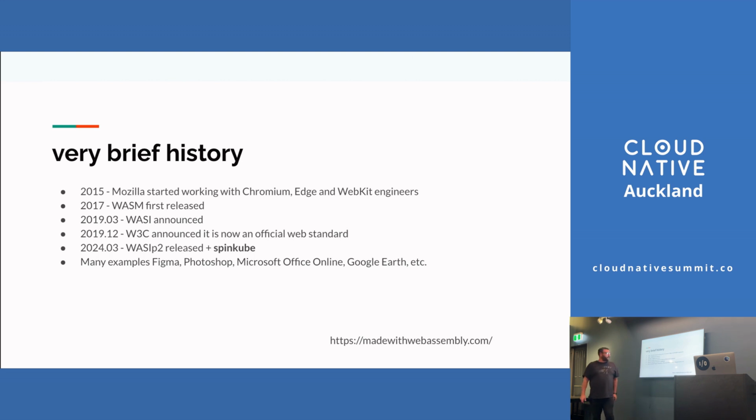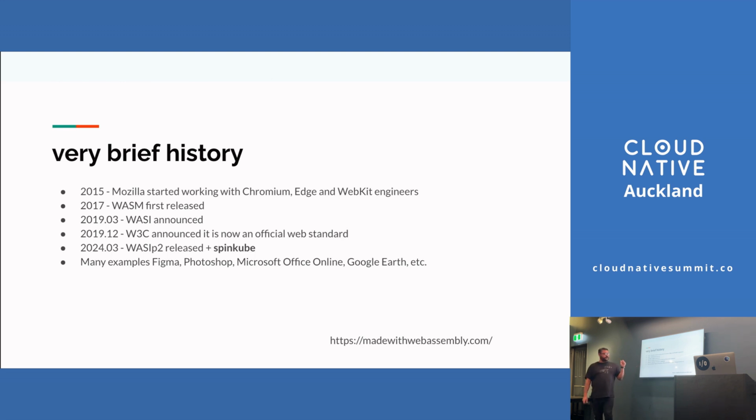And then in 2019 the W3C announced it as an official web standard, the fourth official language of the web. And most recently, just in March this year, just before KubeCon over in Paris, WASI Preview 2 was released along with Spinkube.